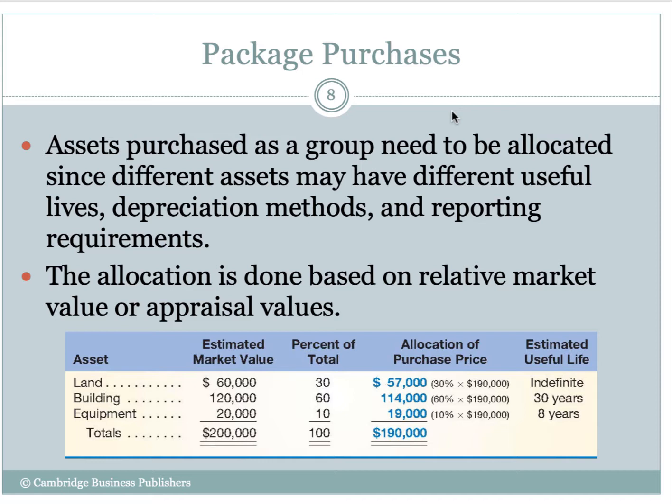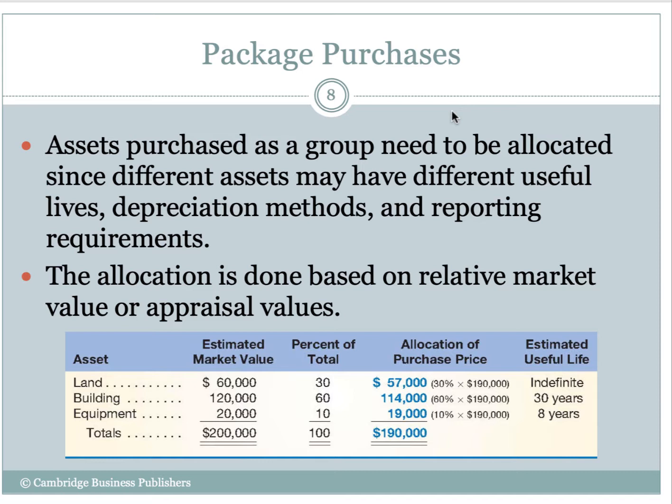So then we multiply each of those percentages by the purchase price, okay? The purchase price we actually paid was $190,000, but the estimated market value of the assets was $200,000. So we're going to multiply our purchase price by each of the percentages.